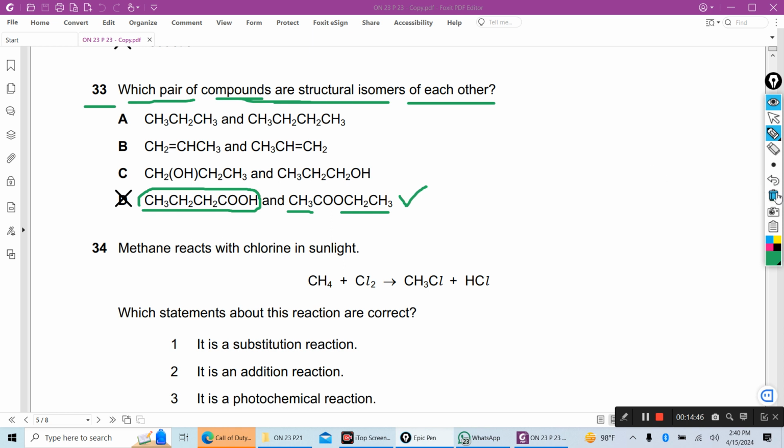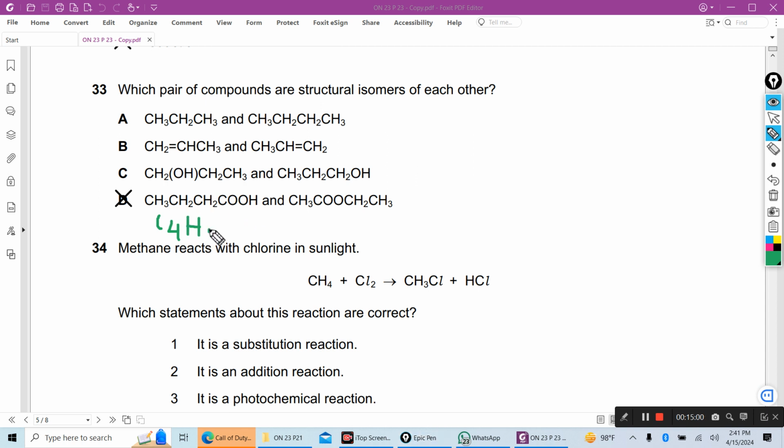And you see here the functional group is a carboxyl group, here an ester group, and the molecular formula you see is C4H8O2.